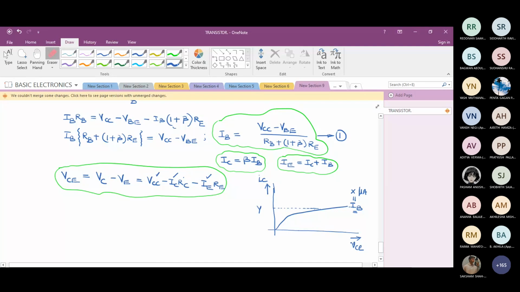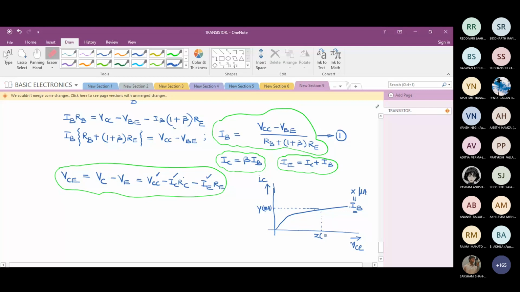So I'm getting Y milliamps of collector current somewhere here. And for this IC, do we know what the VCE value is? Yes, sir, we have already calculated. Say I'm getting some Z volts of VCE.